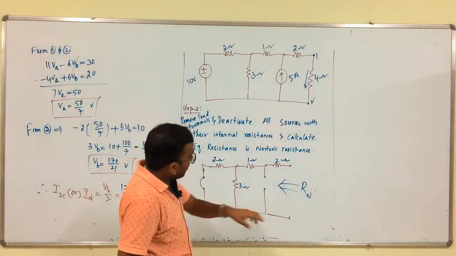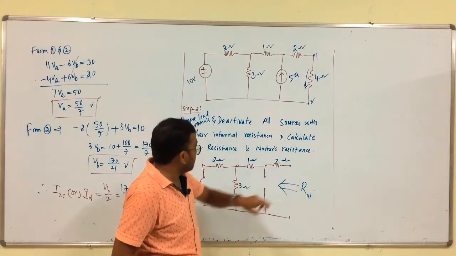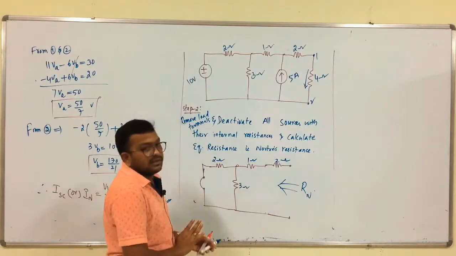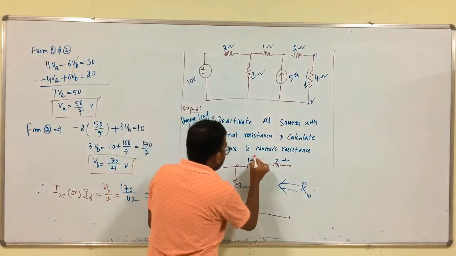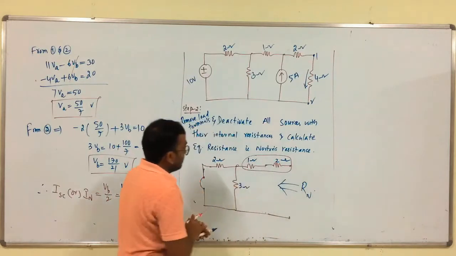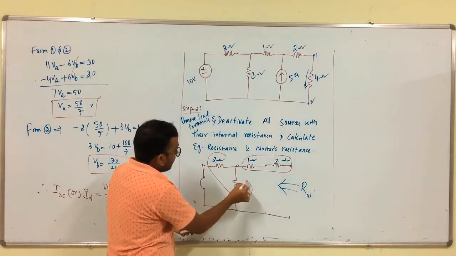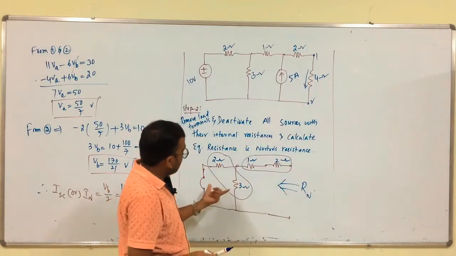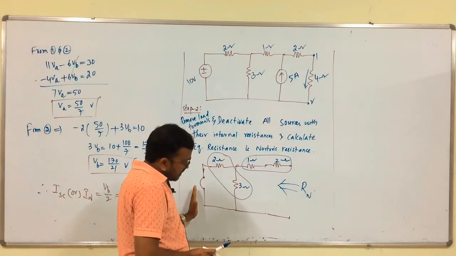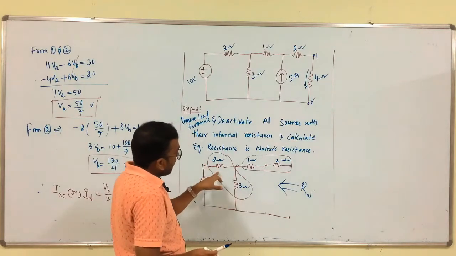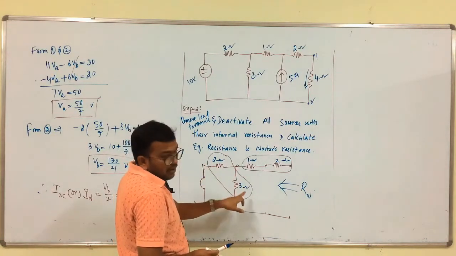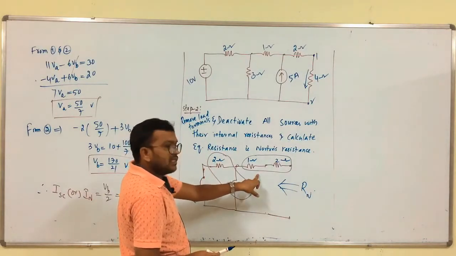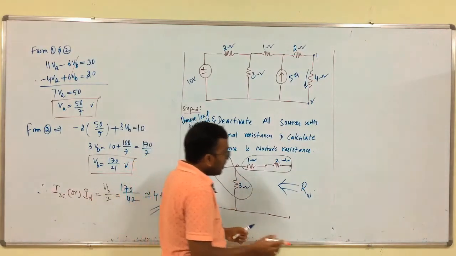By looking between these two terminals, these two are in series, these two are in parallel. First we have to reduce the circuit from this side to this side. First we solve these two in parallel, then this combination is connected in series with this circuit. Okay?